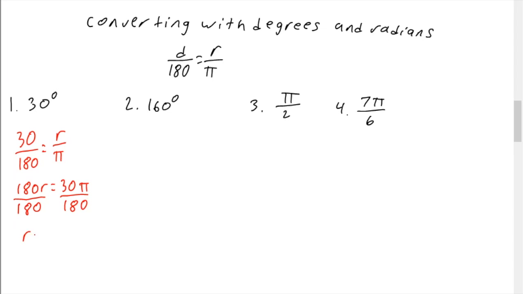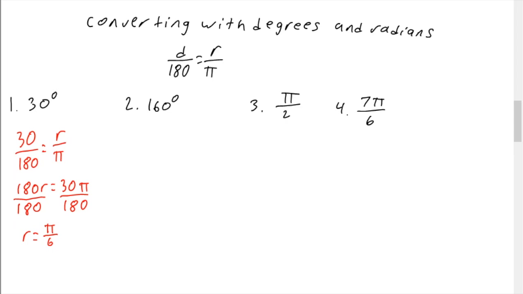And that will give us r equals 30 pi over 180, but we can reduce that. 30 over 180 can reduce to 3 over 18, which can reduce to 1 over 6. So it's the same thing as saying pi over 6. So 30 degrees is pi over 6 radians.